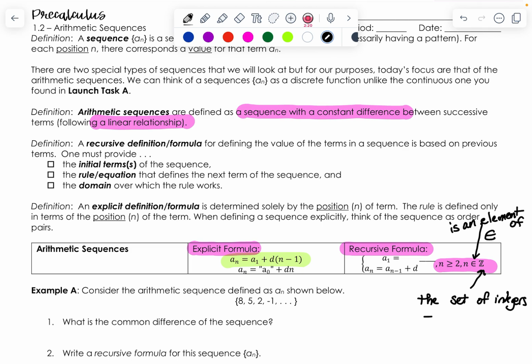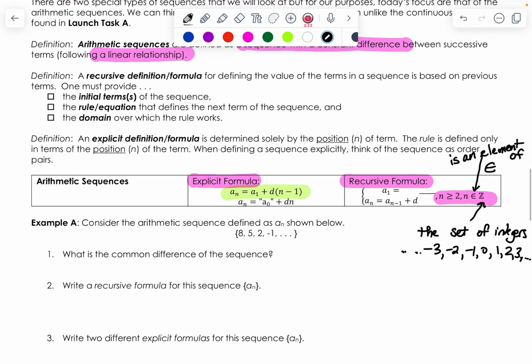And what integers are the numbers, say, -3, -2, -1, 0, 1, 2, 3, and so on. So let's just get into these and see if I can circle back to that.